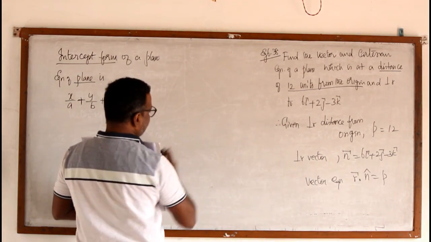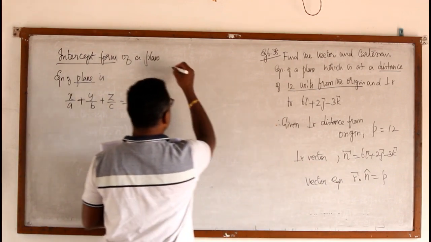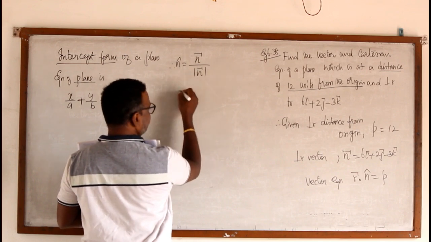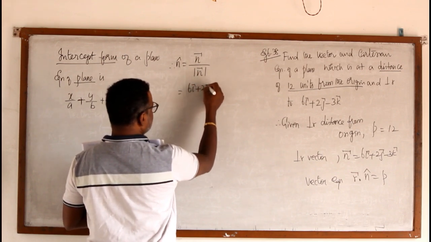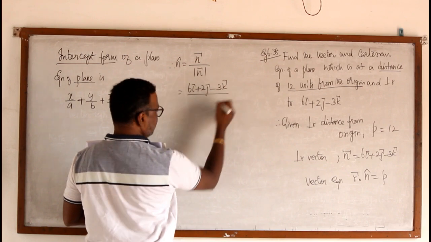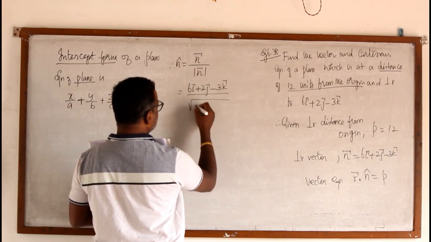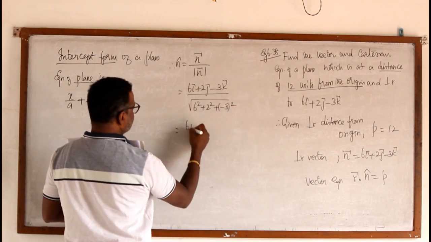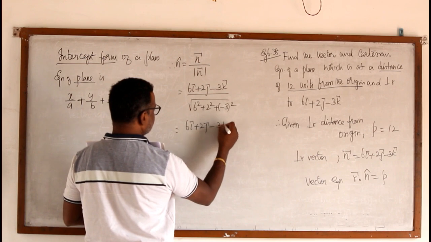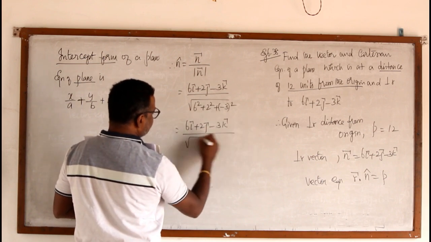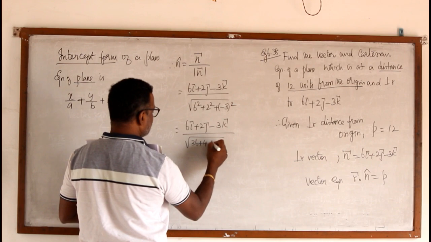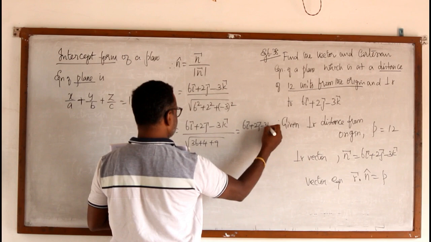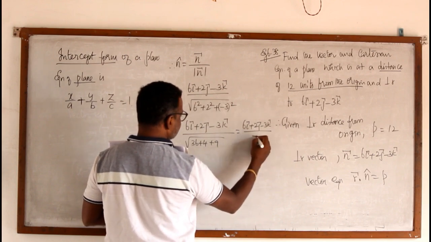Then I need n cap. Therefore, n cap is n vector by modulus of n vector, that is 6i plus 2j minus 3k by the modulus of n vector, which means root of 6 square plus 2 square plus minus 3 the whole square. It is 6i plus 2j minus 3k by root of 36 plus 4 plus 9. Root 49, isn't it? So 6i plus 2j minus 3k by 7.